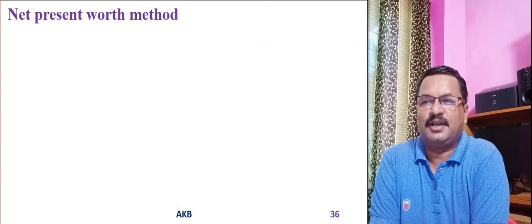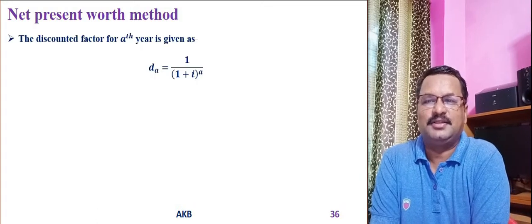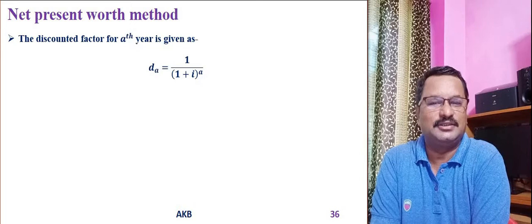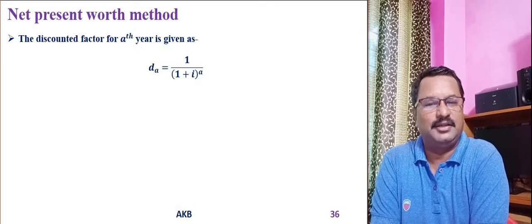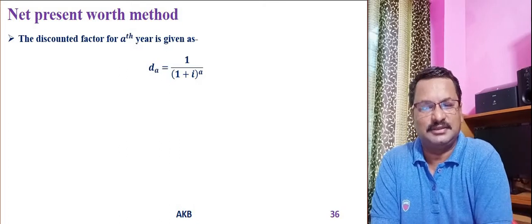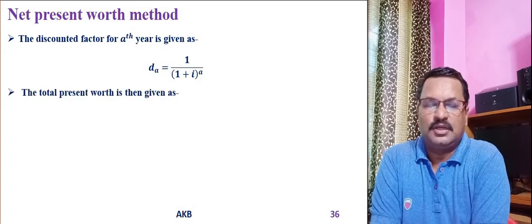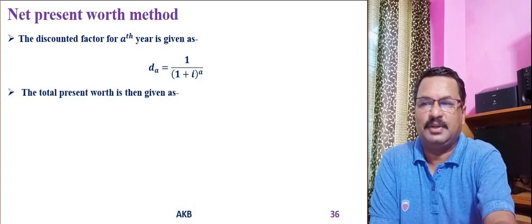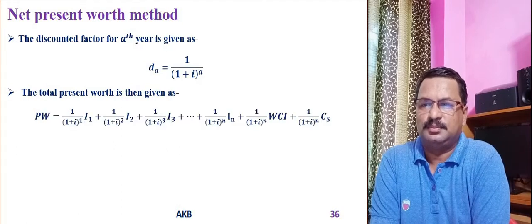The discount factor for the Ath year is given by dA is equal to 1 upon (1 plus I) raised to A, where dA is the discount factor applied to the Ath year, I is the rate of interest, and A is the year number.